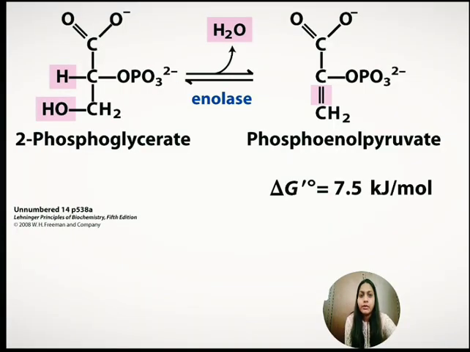The 2-phosphoglycerate so formed is converted to phosphoenol pyruvate with the help of the enzyme enolase. Always keep in mind, whenever you hear about the enzyme enolase, it is the enzyme which removes a water molecule. Enolase takes out a water molecule from 2-phosphoglycerate, resulting in the formation of phosphoenol pyruvate.